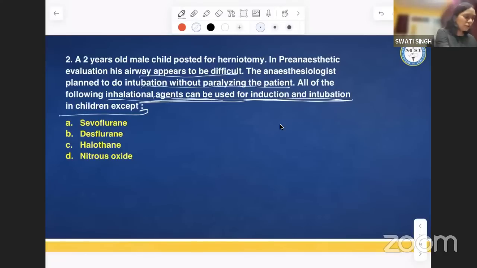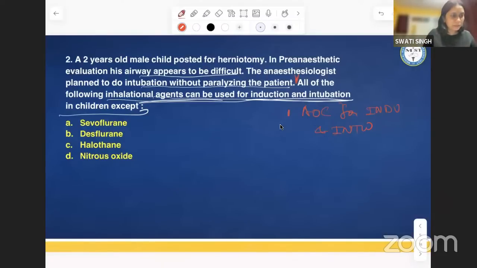Now, if I change the question and make it, which is the agent of choice for induction and intubation, what should be the answer? I have changed the question, guys. I'm asking, which is the agent of choice for induction and intubation. This is an old question. So many times it has been asked in exams.